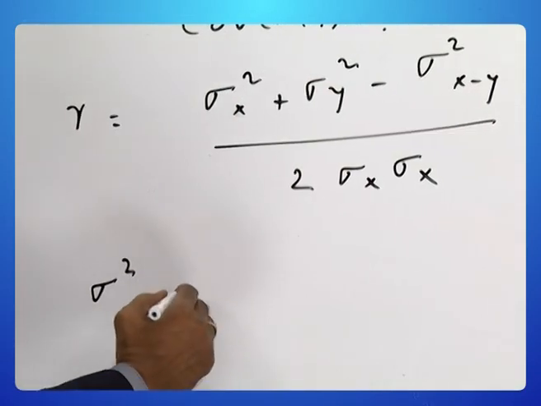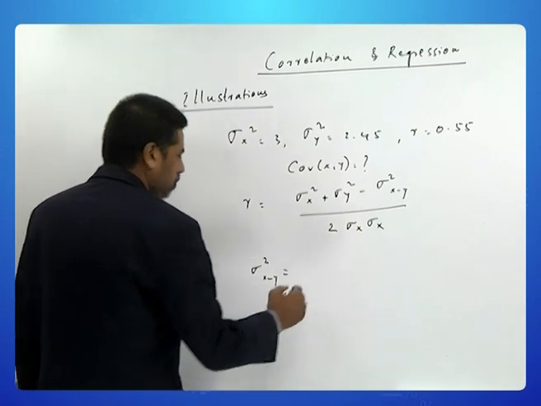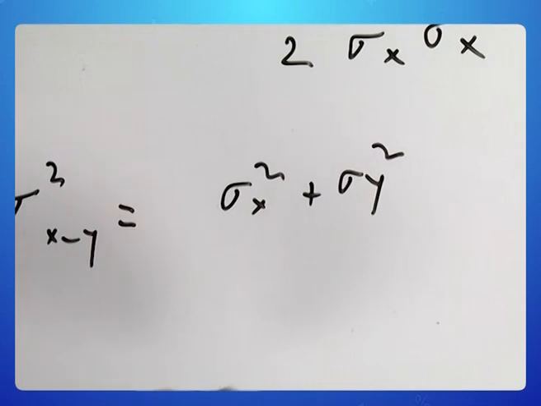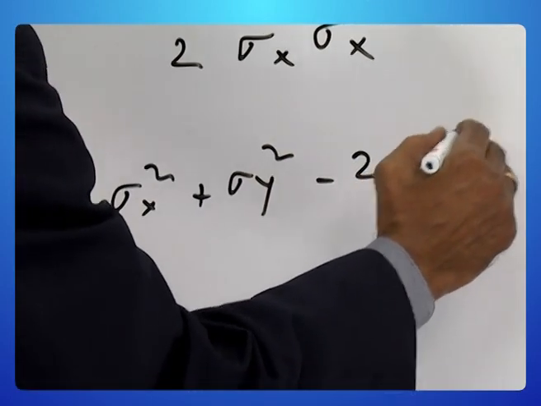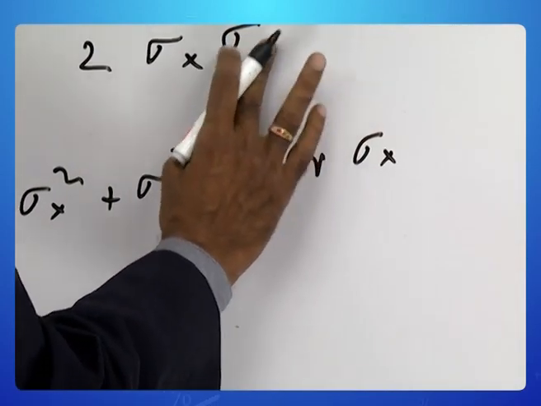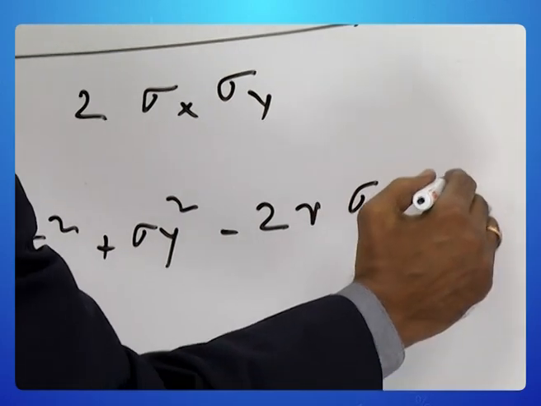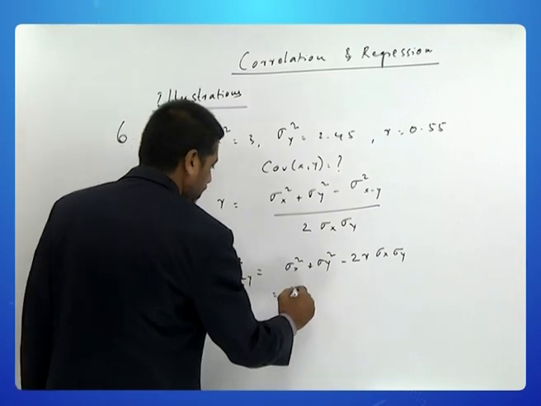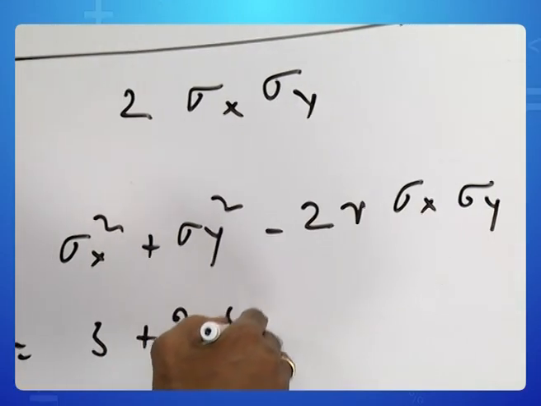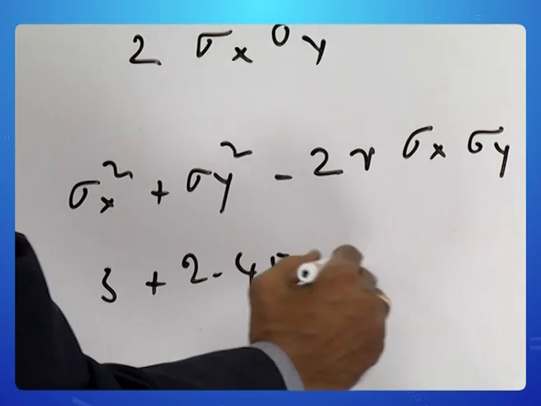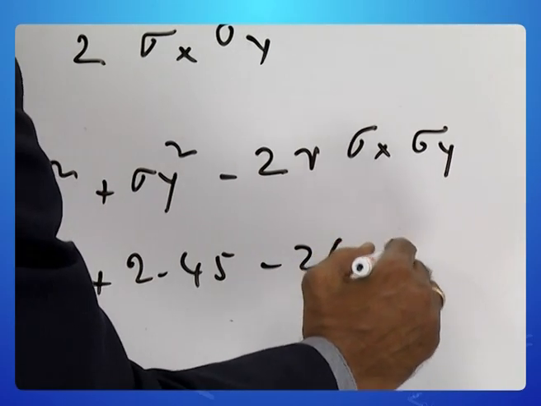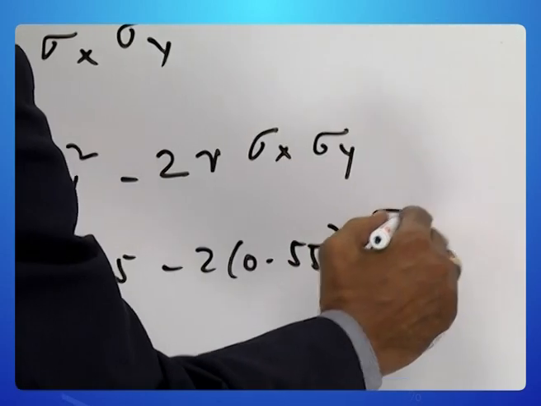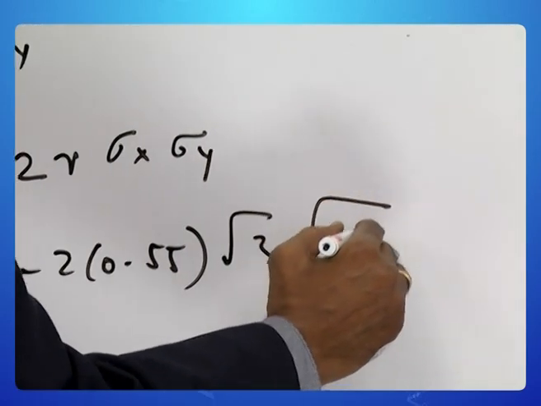Covariance between x and y is equal to variance of x plus variance of y minus 2r into standard deviation of x into standard deviation of y. So you need to just substitute the values, that is 3 plus 2.45 minus 2 times 0.55 into square root of 3 into square root of 2.45.